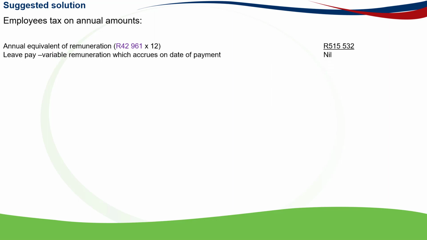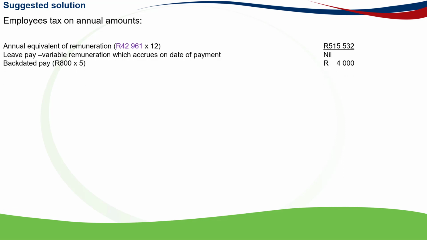The leave pay that we saw there in the first note, right? The leave pay is a variable amount which will only be included in remuneration on the date of payment, right? As no amount has been paid yet, we will not include this amount in our calculation, hence we have that nil over there.